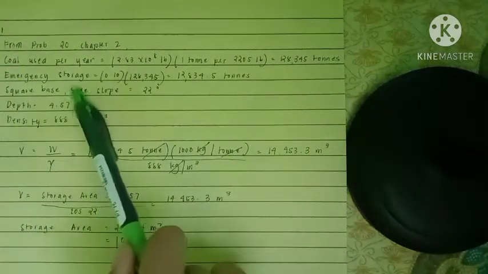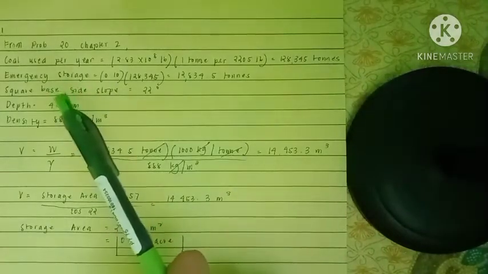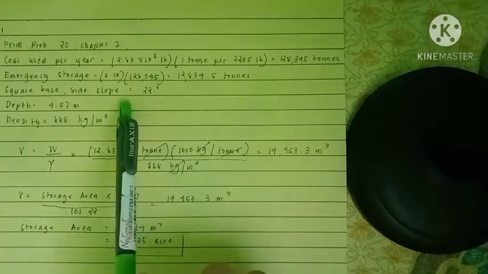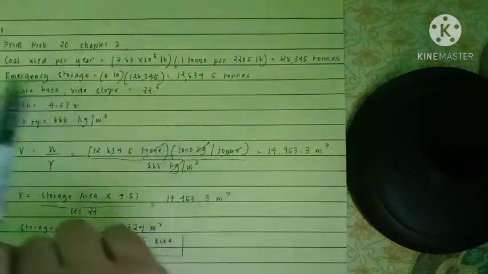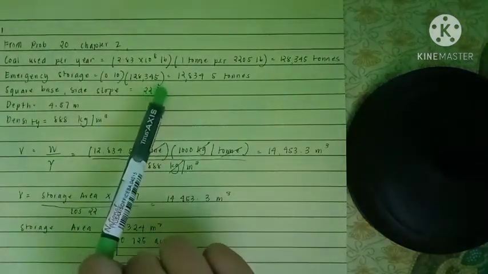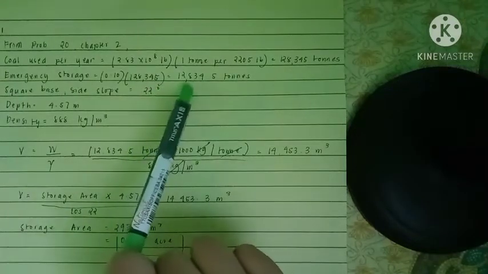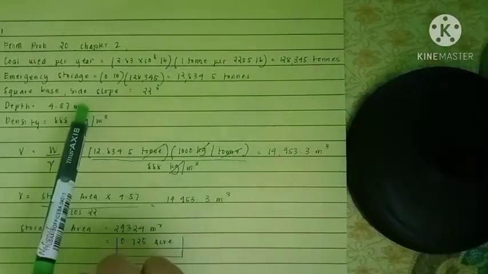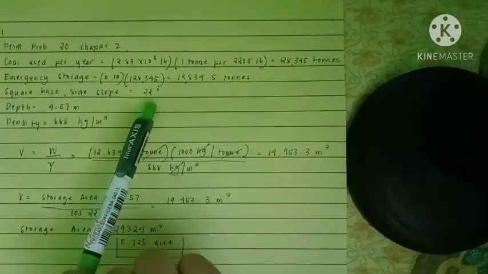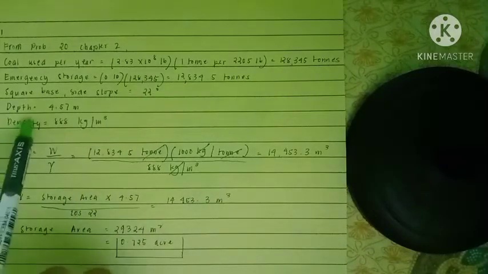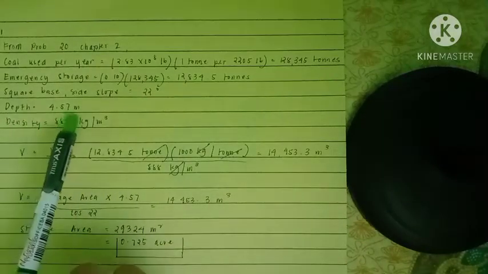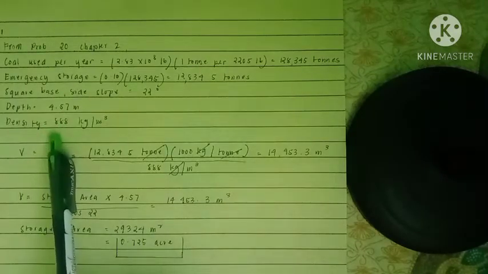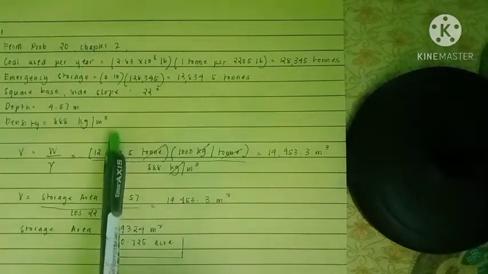Emergency storage in the problem, 10% is given, times our coal use per year, which will give us the answer of 12,834.5 tons. Square base, side slope is equal to 22 degrees, depth is equal to 4.57 meters and density is equal to 888 kilograms per cubic meter.